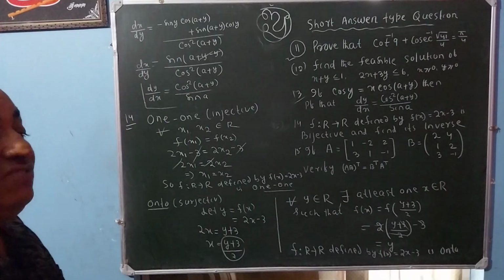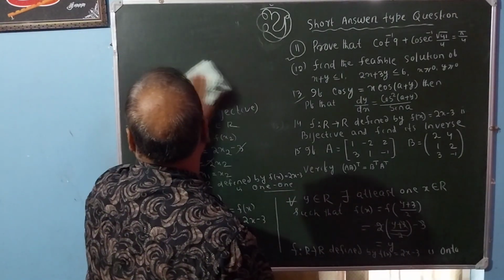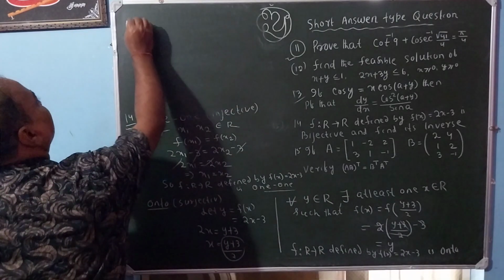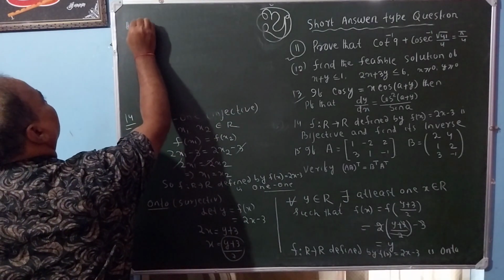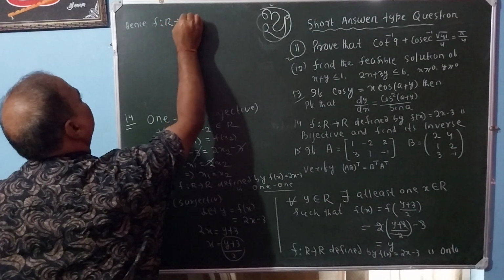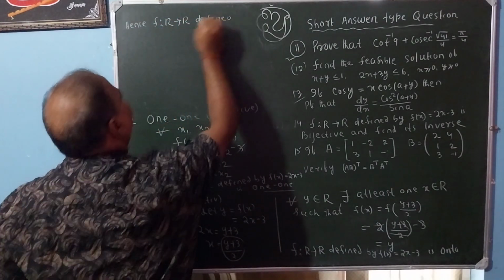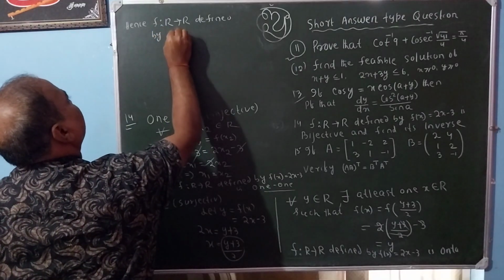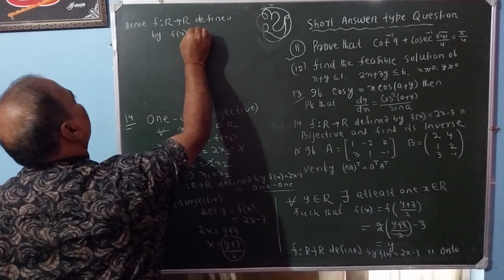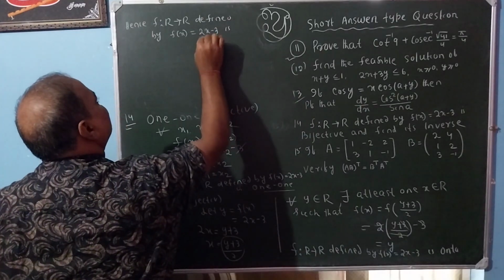Hence, f is bijective. Write down: f is a mapping from R to R defined by f(x) is equal to 2x minus 3 is bijective.